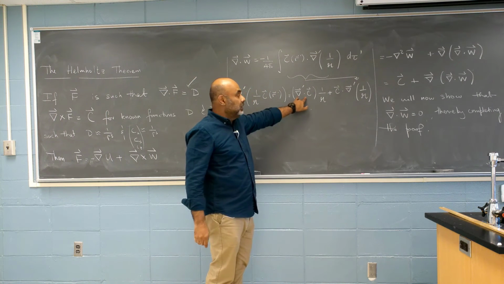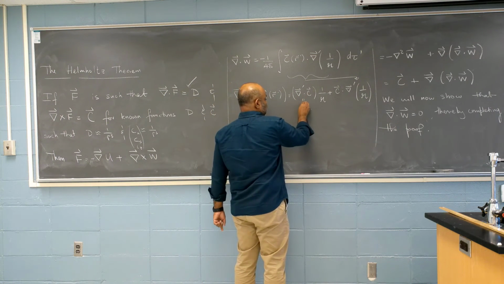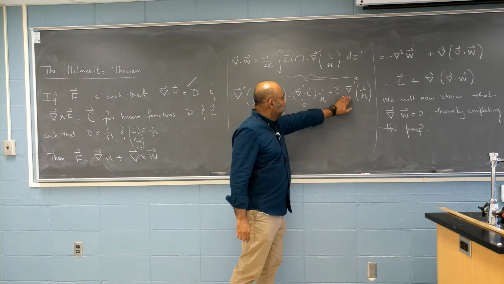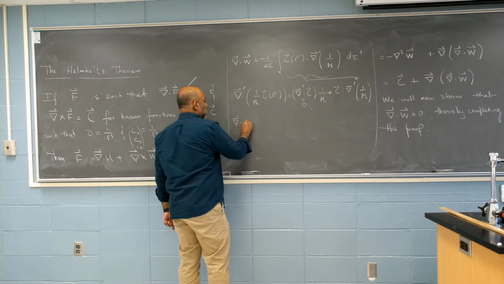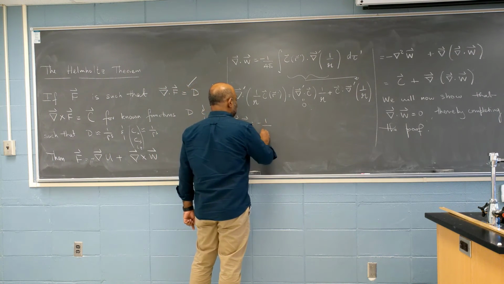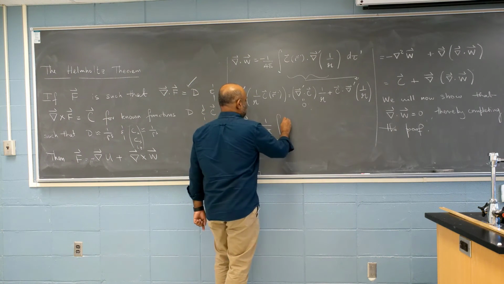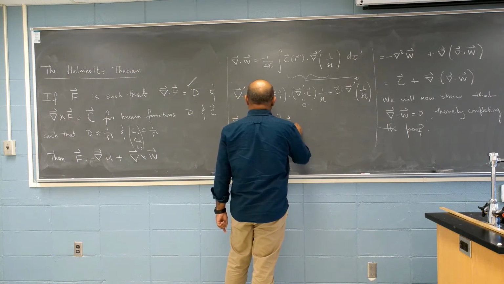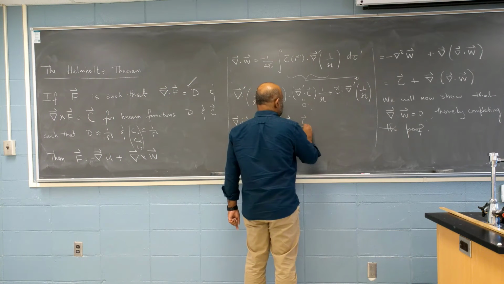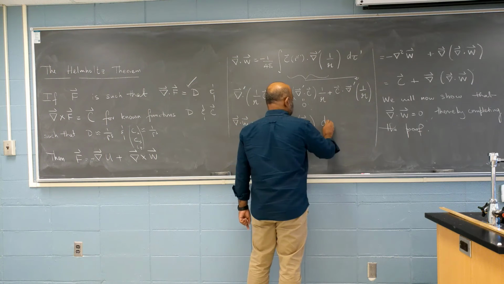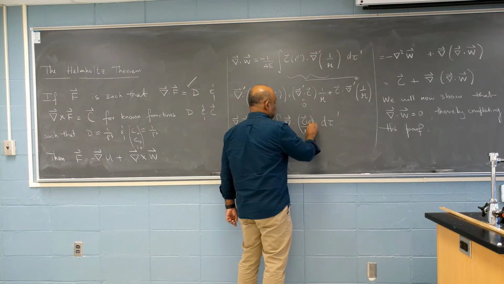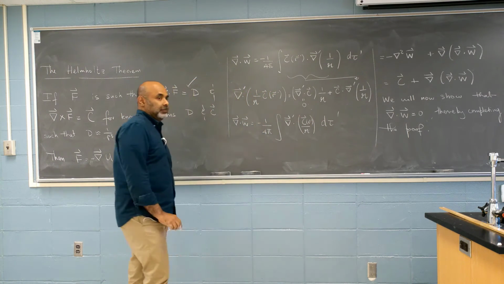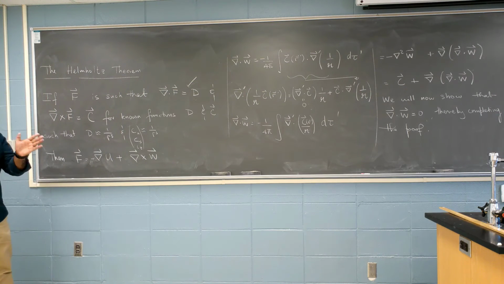This is divergence of C. This is 0. So I can replace this with that. And therefore, I have divergence of W is equal to minus 1 over 4 pi divergence of C over this d tau prime. This is r prime, and this is prime derivative. I have given up the unprime derivatives with a negative sign and replaced it with a prime derivative.